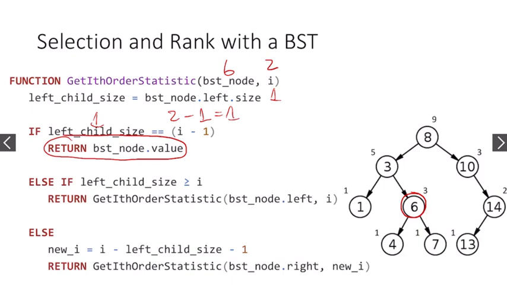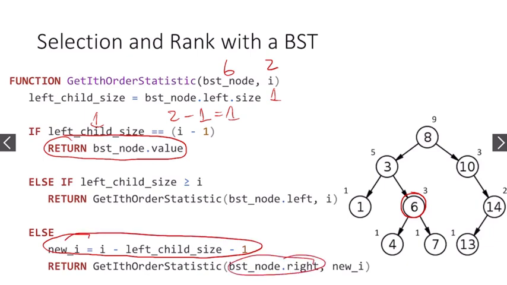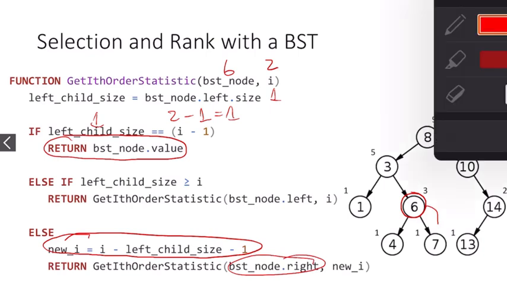So this works on this example, but why does it work in general? And in fact, the most interesting part here is why do we have to compute a new value for I when we go to the right? Well, the interesting thing here is that we went to the right from our node 3.